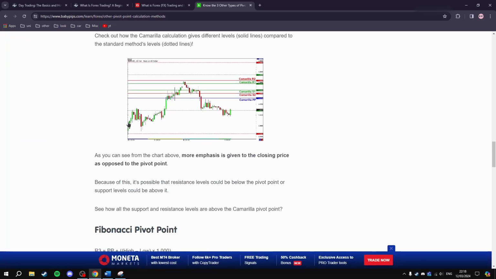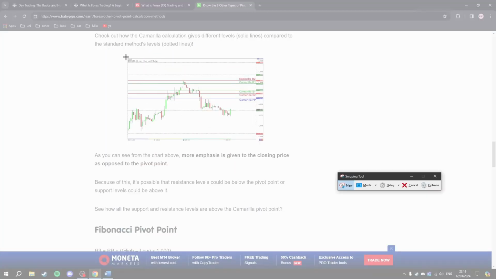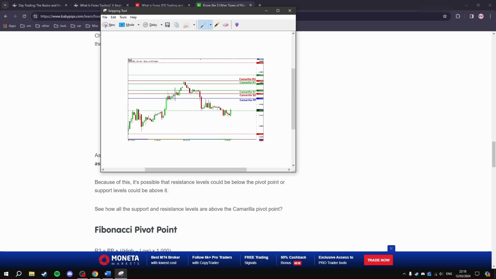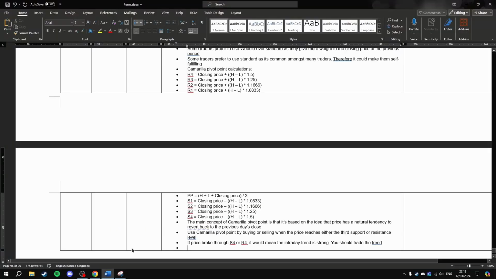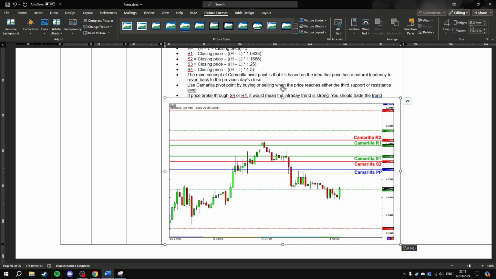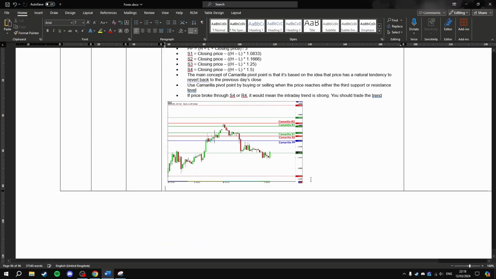Oh wait, never mind, it's meant to be like this. It says more about it later on. As you can see from the chart above, more emphasis is given to the closing price as opposed to the pivot point. Right.